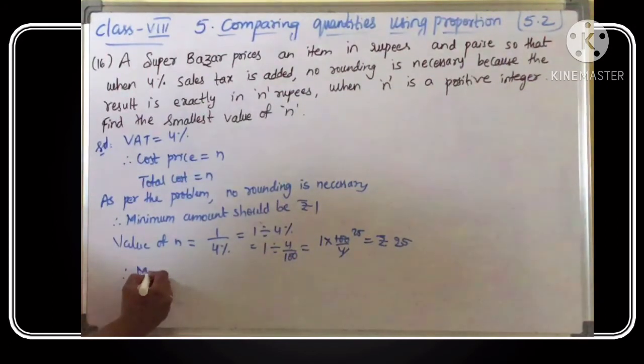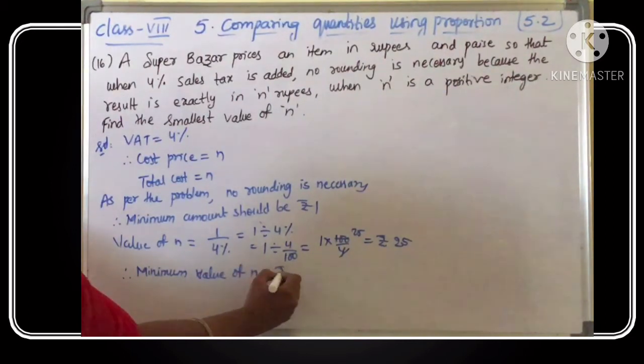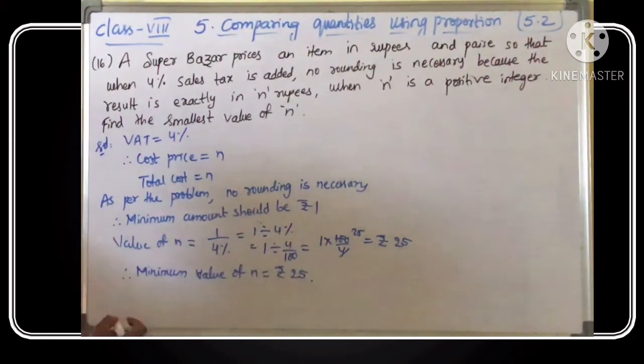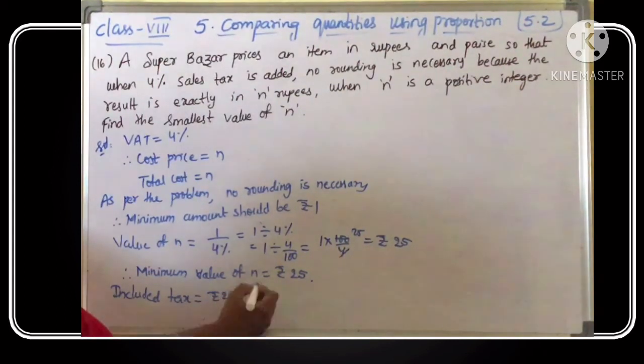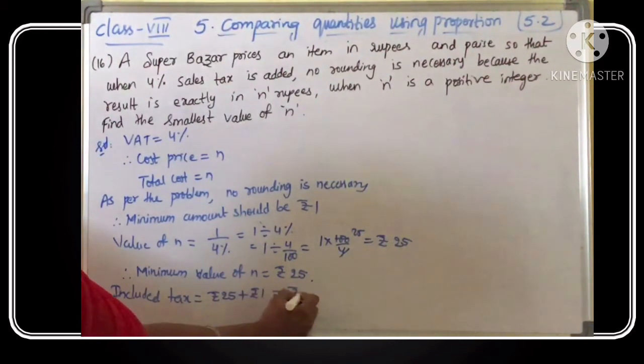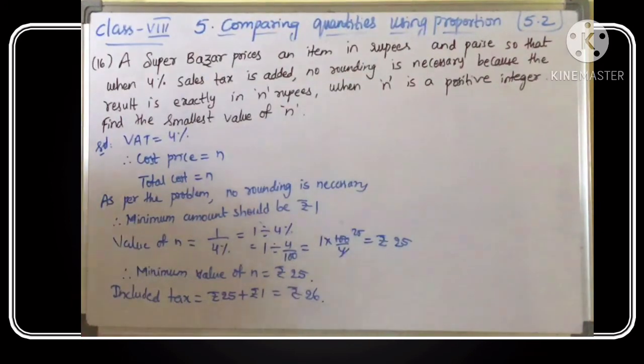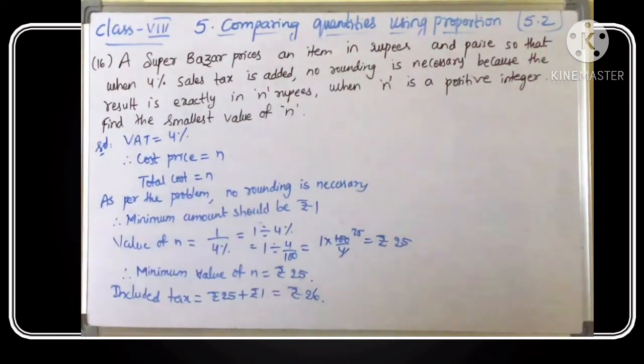Therefore the minimum value of n is rupees 25. Now we include tax here. Including tax you will get rupees 25 plus rupees 1, that is rupees 26. So children, by this sum we completed exercise 5.2 of this unit, comparing quantities using proportion.